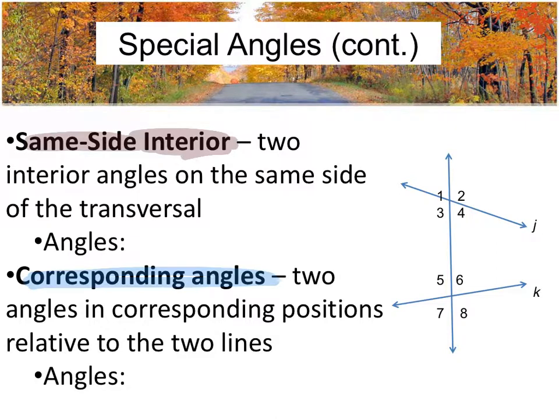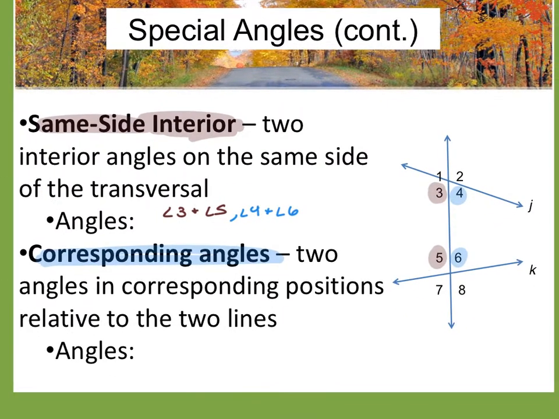So same side interior is, again, same side of the transversal in between the 2 lines. So one pair is angle 3 and angle 5. And the other pair is angle 4 and angle 6. They are not always like one on top of the other.